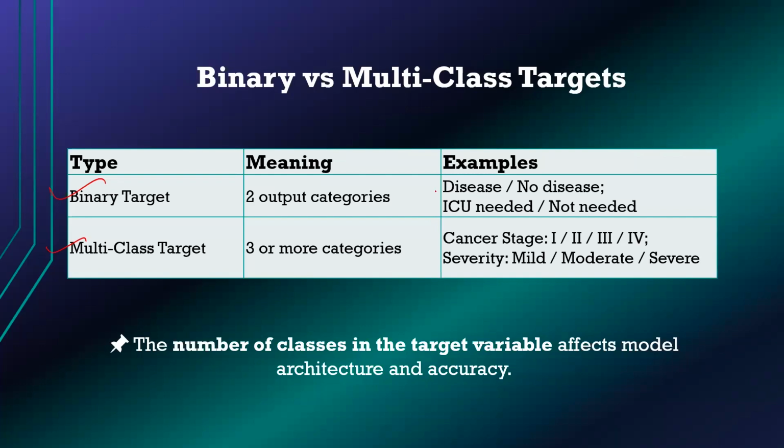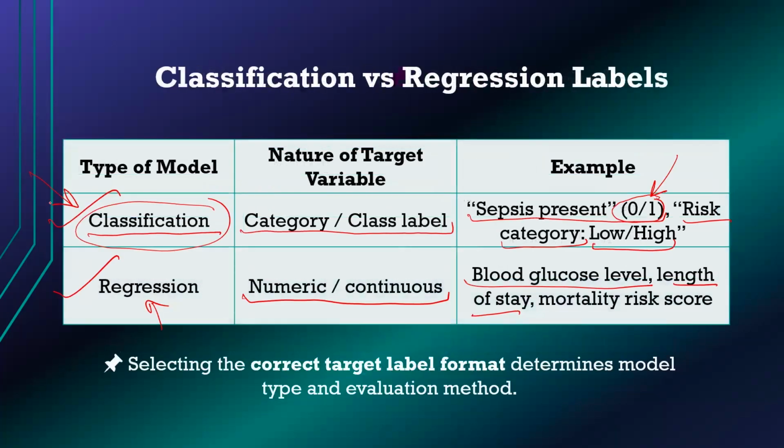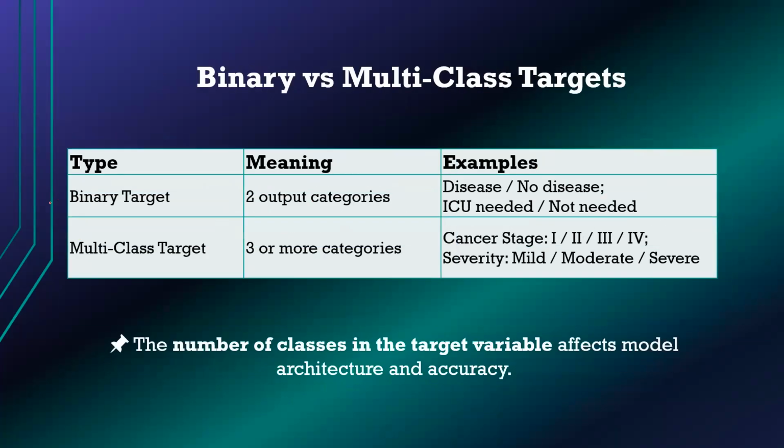For instance, if you are just checking the existence of a certain disease or not, there may be only two classes. So if there are only two output categories, it becomes a binary target, and we call it a binary classification problem. These are basically subcategories of classification. The first one is the binary classification problem.